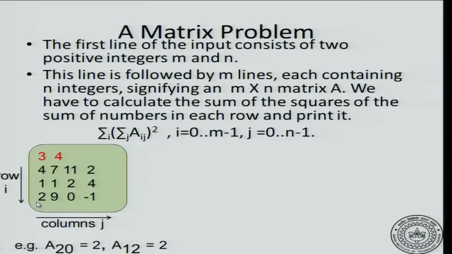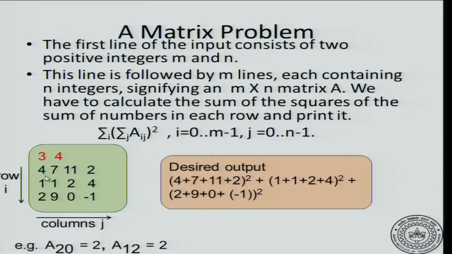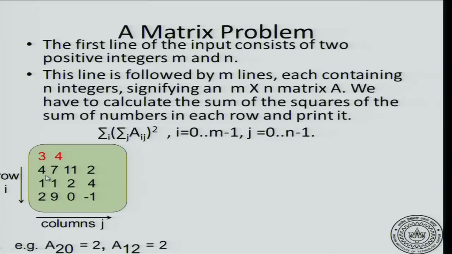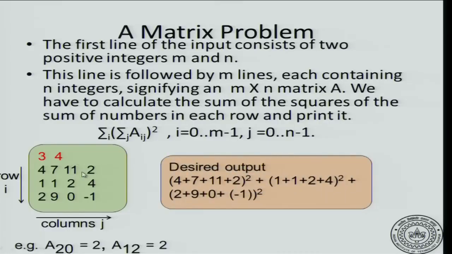Note that for the second row, we start with row 0, then row 1, then row 2, and the 0th column is the first column. So A20 is this number, which is 2. Similarly, A12 is row number 1, column number 2, which is also 2. So the desired output that we have is 4 plus 7 plus 11 plus 2 whole square, and so on.